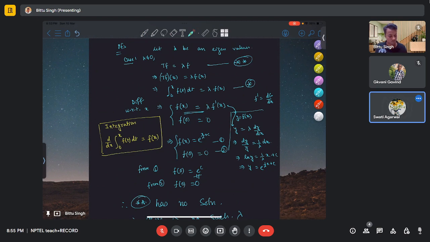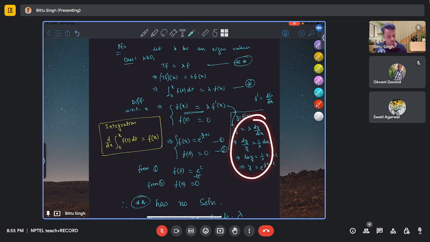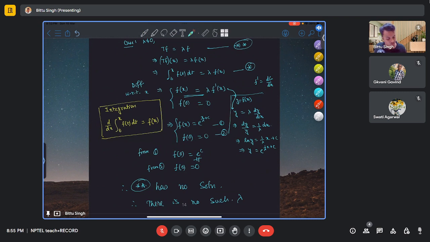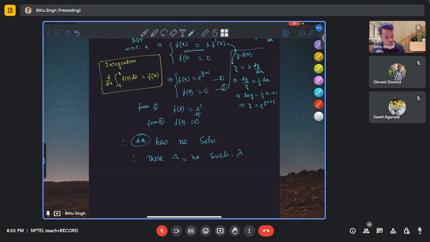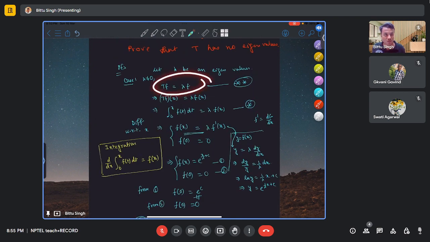We have just used that differential equation, and we are getting the solution to be this. But if this is the solution of the first equation, this will contradict the second fact, that f(0) is the same as 0. That is why there is no such lambda for which Tf equals lambda f.